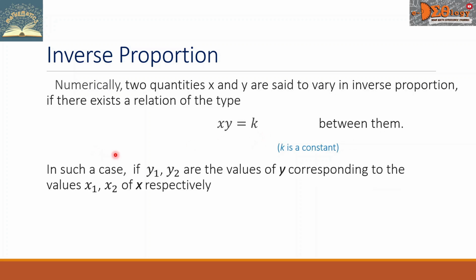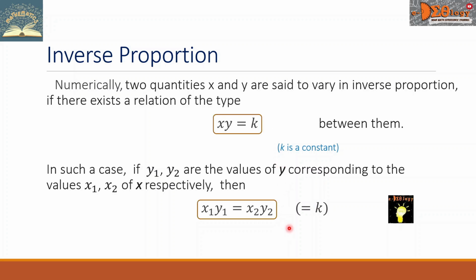In such a case, if y sub 1, y sub 2 are the values of y corresponding to the values x sub 1, x sub 2 of x respectively, then x sub 1 times y sub 1 equals x sub 2 times y sub 2. The left and the right sides are all equal to k, and that is the constant of proportionality. These are the formulas.